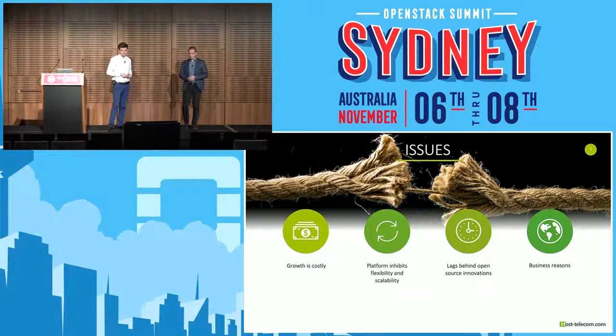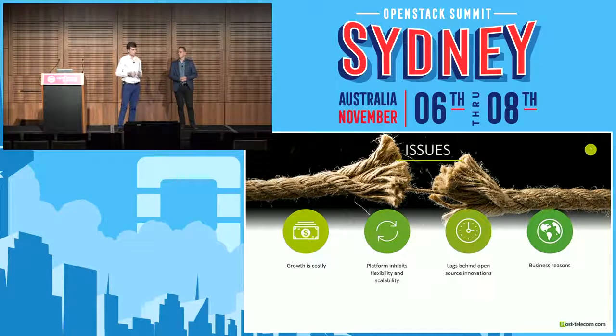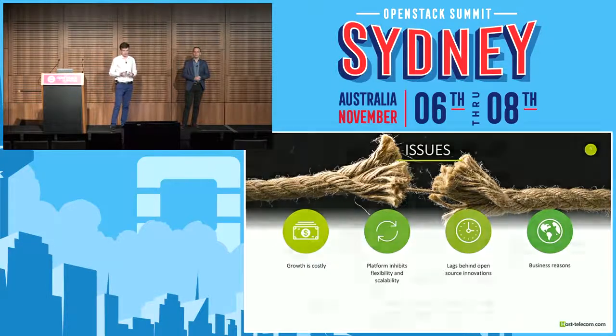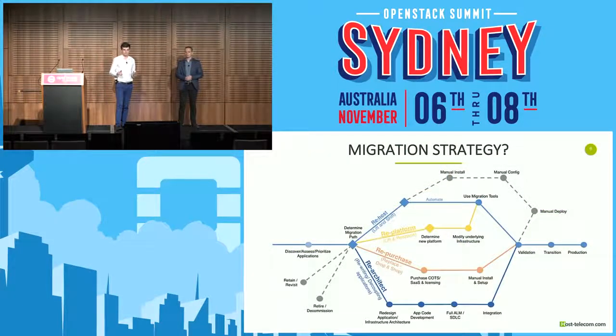And the last one: it can be business or political reasons. So, do you want to save your money? You need to migrate. Let's take a look at the migration strategy. Migration is not simple. You have to buy a whole new platform and create a new architecture, resetting hosts and reconfiguring workloads.